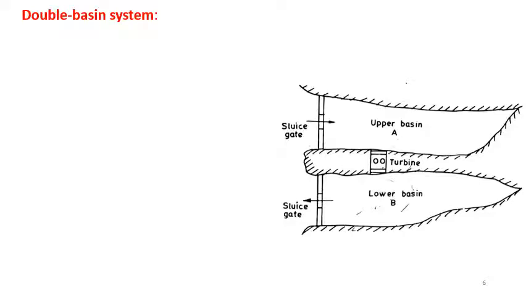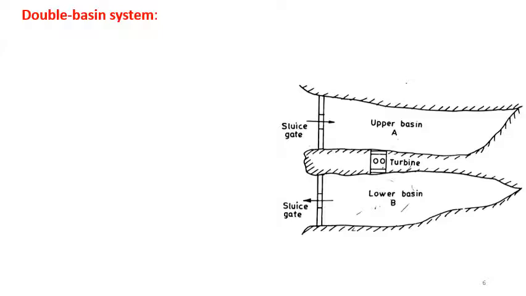now turbines are going to start. So the water flows through the turbine from upper basin to lower basin, from A to B, and this will generate power, and at the end of the flood time the water in basin A is maximum, and the sluice gate closes.